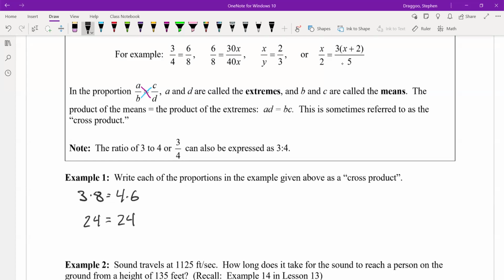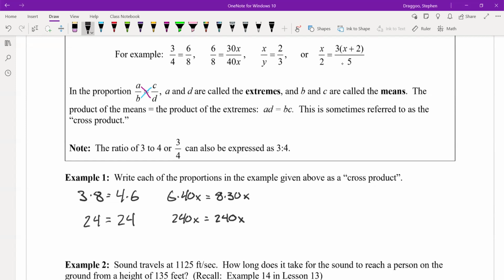If I keep working through those examples, I've got 6 times 40x equals 8 times 30x, which in both cases gives me 240x. So those are ones where we're using the same variable, so we can easily see that I get an identity, being that both sides of the equal sign are the exact same thing.